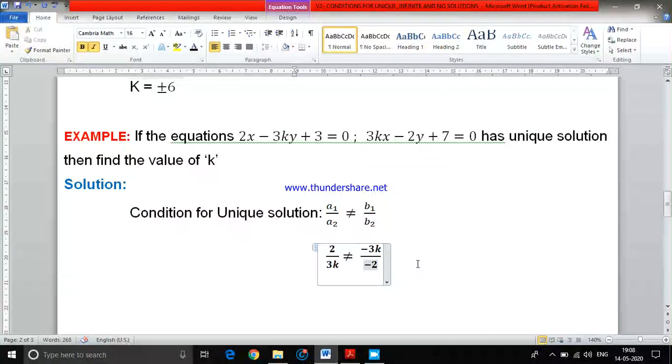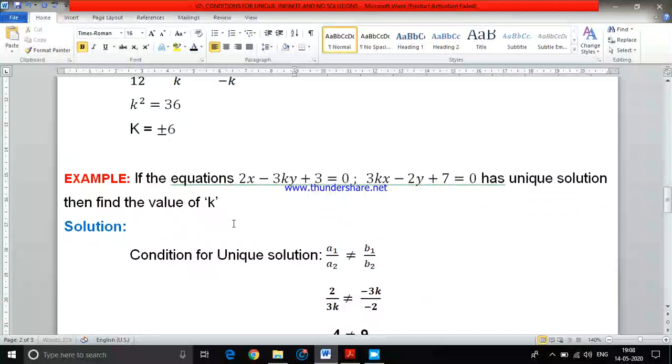If I solve and simplify it, what do you get? 2 into minus 2 is minus 4, which is not equal to 3k into minus 3k. That will be minus 3 into 3 is 9, k into k is k square.